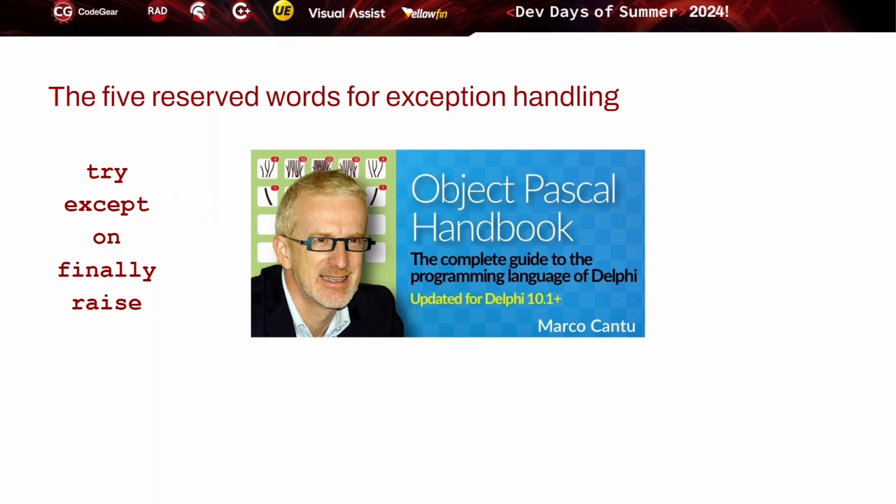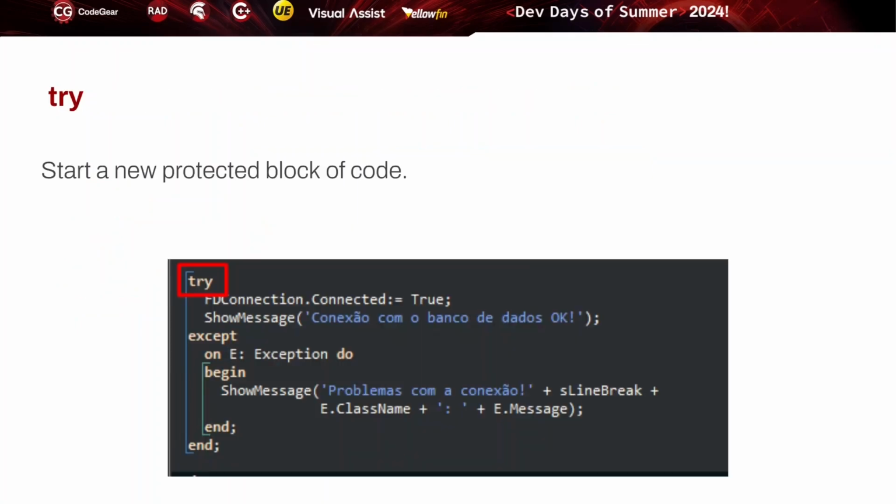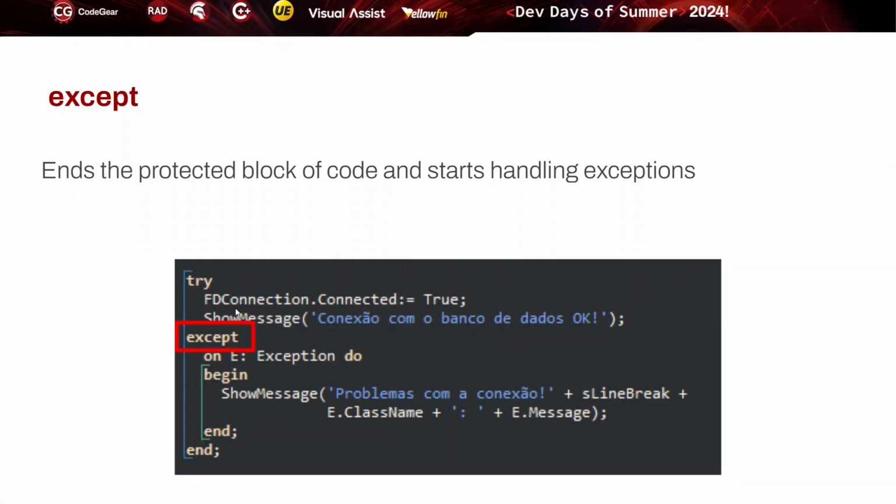So from the words for exception handling, we have try, which starts and protects a block of code. After the word try, the block starts to be protected. We have the except word that ends the protection of the code that will be handled by exception handling.